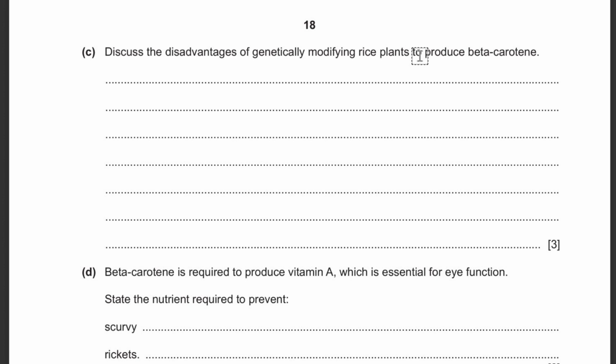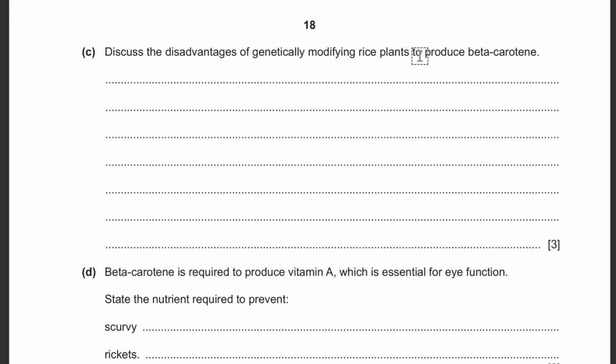Alright? Secondly, there might be side effects that are unknown, and the users or the consumers will be naive about the side effects of the genetically modified species. Secondly, when we generate genetically modified plants, they cause a reduction in genetic diversity, or in other words, a reduction in biodiversity, right?